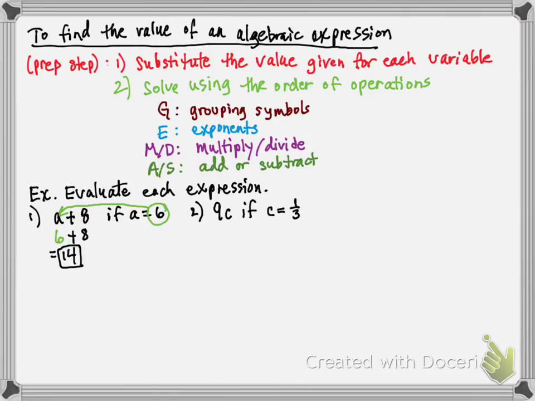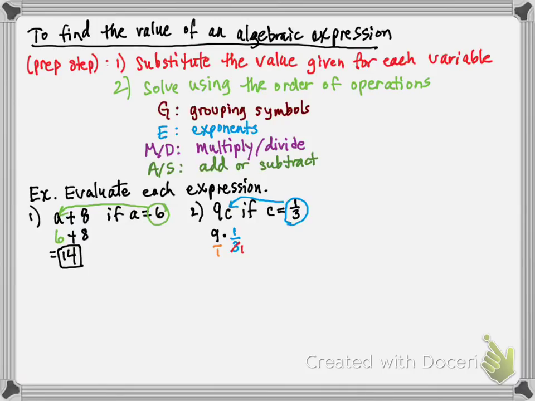So we're going to take that 1/3, and where we see C, we're going to put it in. Now notice that we have the 9 that butts up to the C, so what that means is 9 times the C value. So 9 times 1/3. To make this problem a little bit easier, I can make 9 a fraction by giving it a denominator of 1, and then I look for any kind of cross canceling.